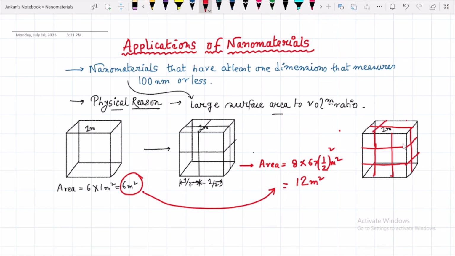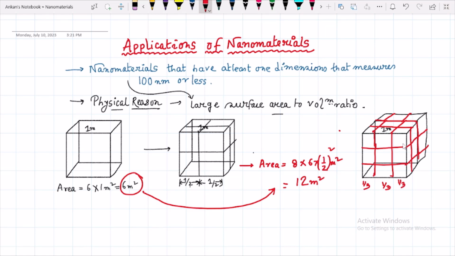And now each side length becomes of the order of 1 by 3 meter.